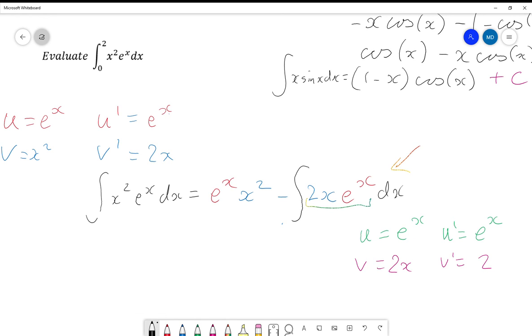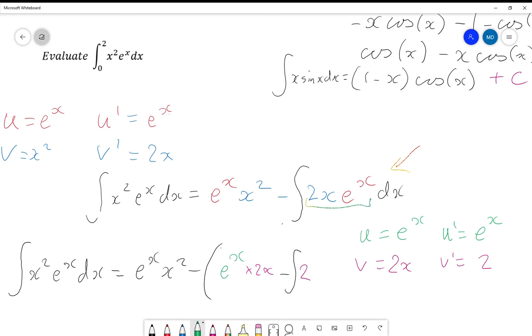And so carrying on with that, we're going to end up with the integral of x squared e to the x dx is equal to e to the x times x squared minus, and then we're applying the parts formula again, e to the x times 2x minus the integral of, and we need to go it the other way, it's going to be 2 e to the x dx.